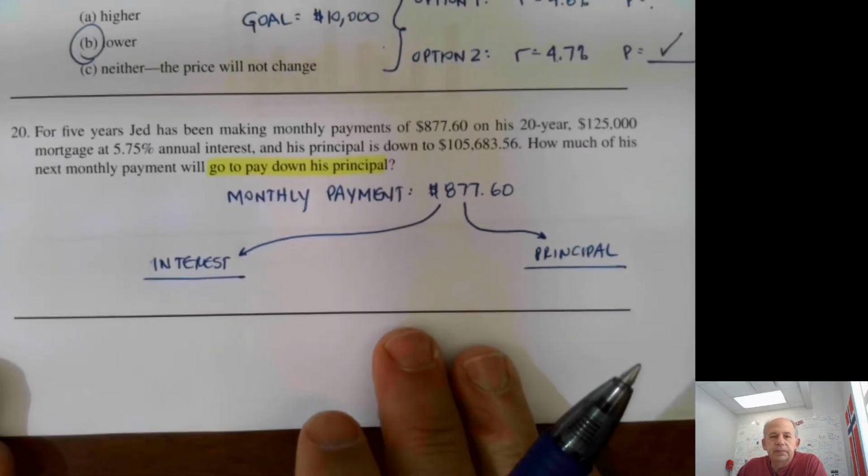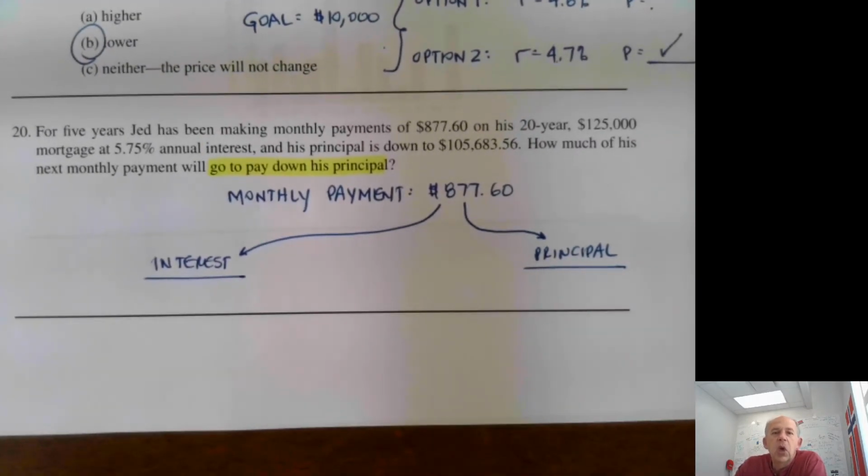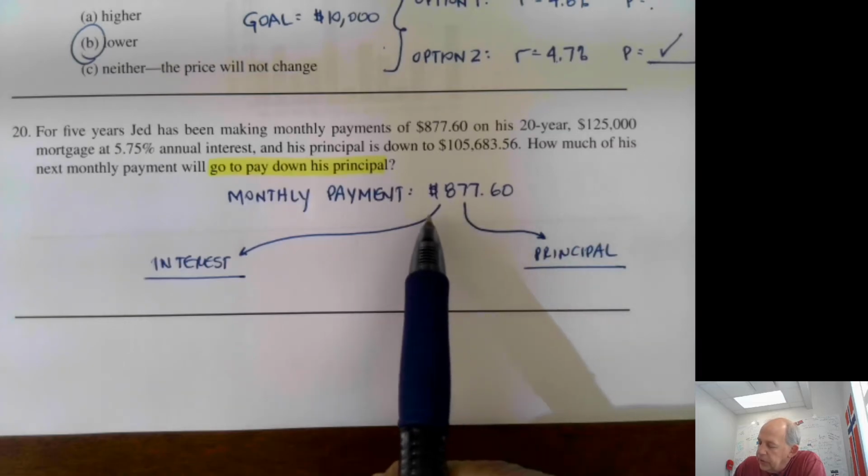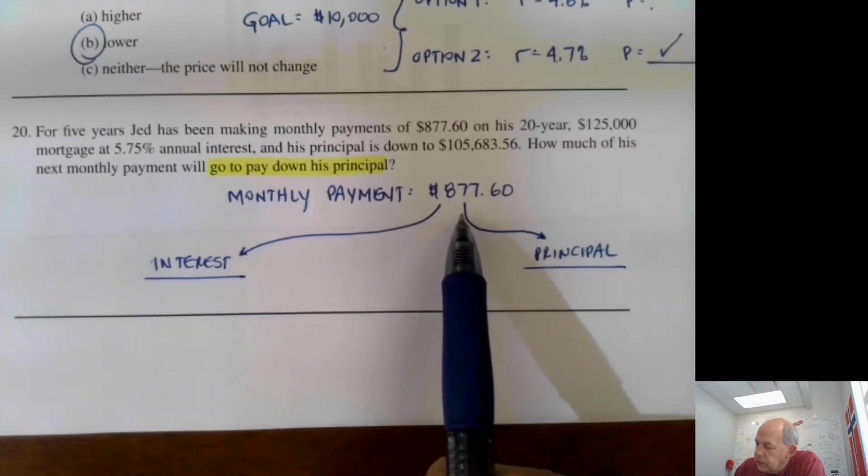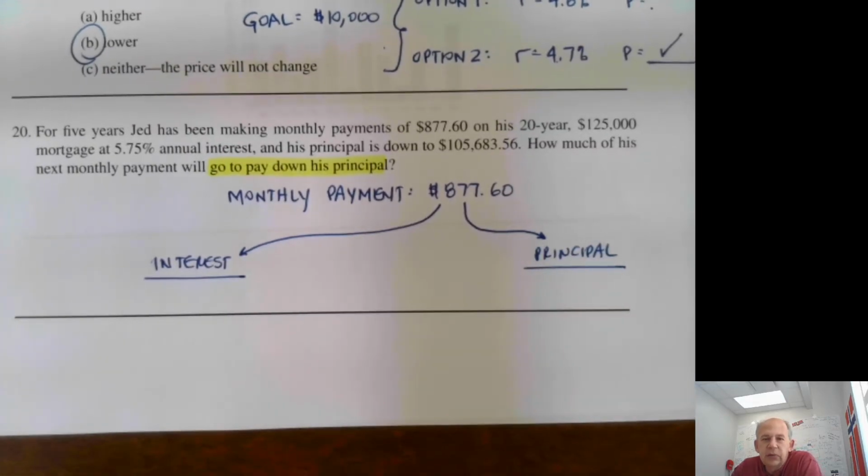Number 20, this one. We want to figure out, on a monthly payment, how much of this monthly payment gets filtered off to the interest and how much gets filtered off to the principal, because we have two piles we have to pay down, the interest amount and then the actual loan amount, the principal. So we have two piles that we have to pay down each month.